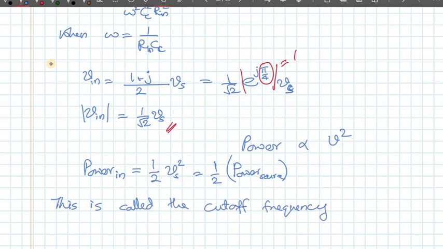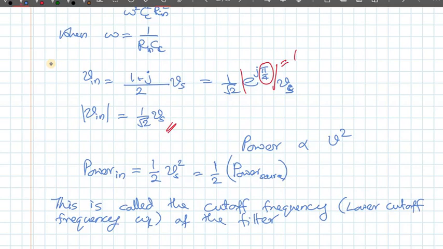Because this is from the lower side, we call this the lower cutoff frequency, or omega L, of the filter, where omega L, from this expression, is equal to 1 over R_in times C_c. Okay, this is actually 2 pi times the lower cutoff frequency f_L in hertz, whereas omega L is in radians per second.